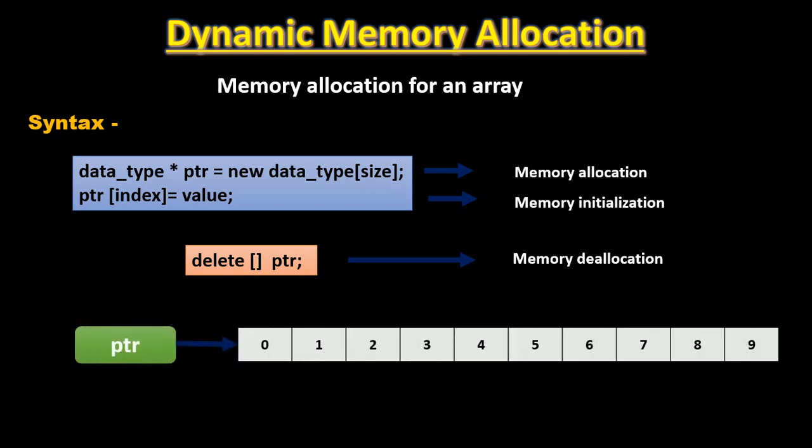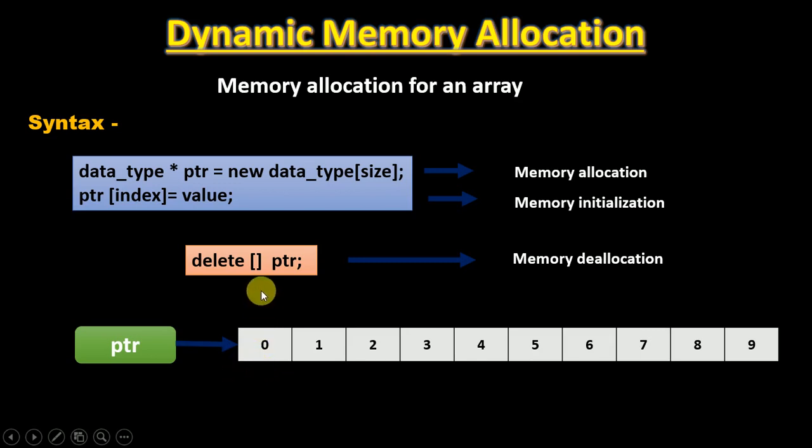It won't go. Say for example, assume ptr has allocated an array of 10 locations. Now this is in the heap segment. 0, 1, 2, 3, 4, 5, 6. These are the indexes, starting from index 0. Now ptr will always be pointing to the starting address.